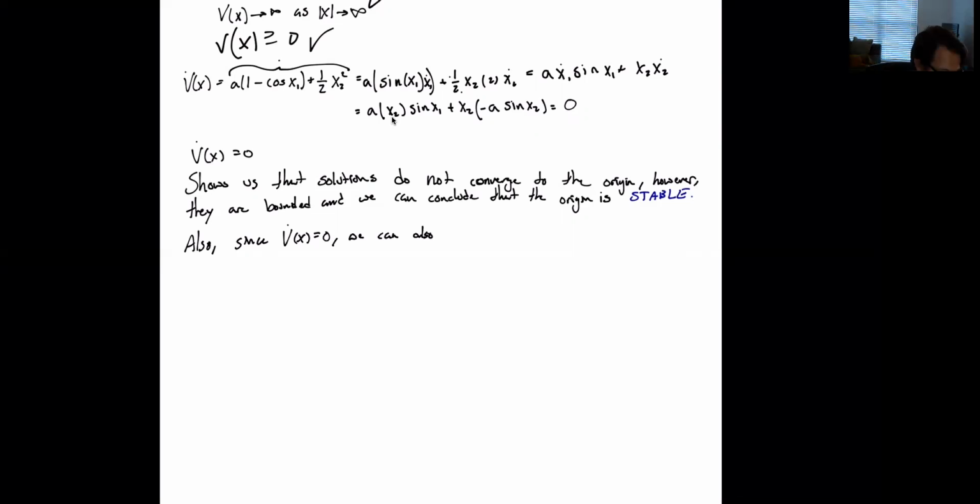So we can also conclude that, because we don't have convergence, the origin is not asymptotically stable.